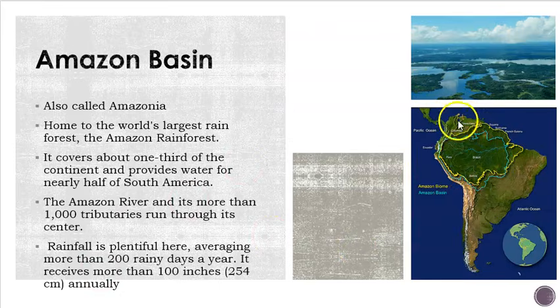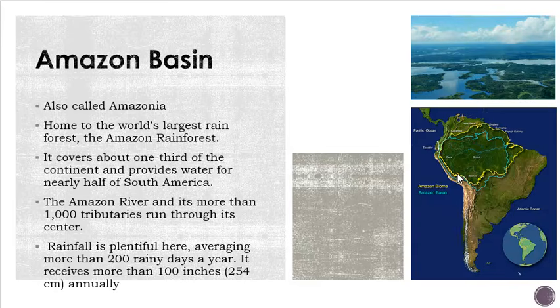Next up, we have the Amazon Basin. The Amazon Basin is more than just in Brazil. It covers most of the northwest region of South America. The Amazon Basin is also called Amazonia, and it is home to the world's largest rainforest, the Amazon rainforest.